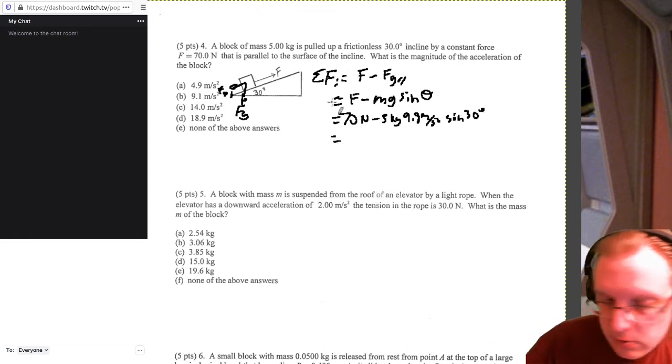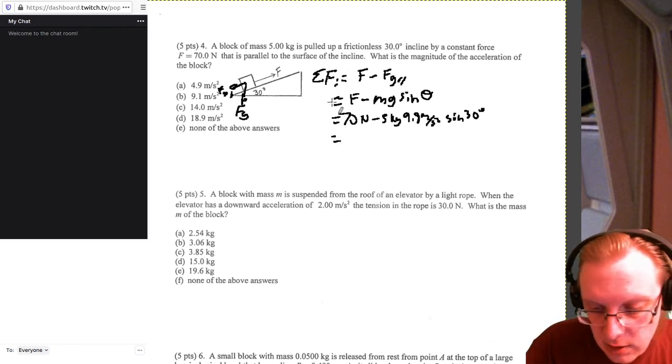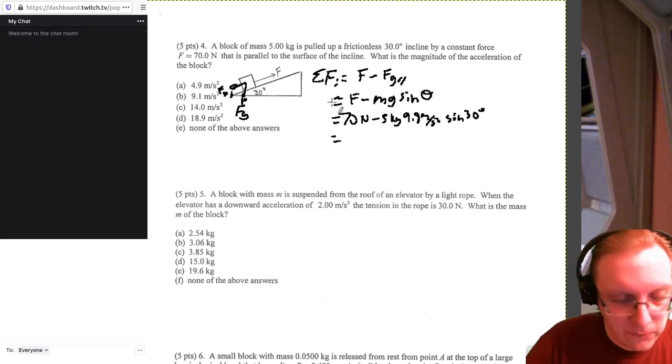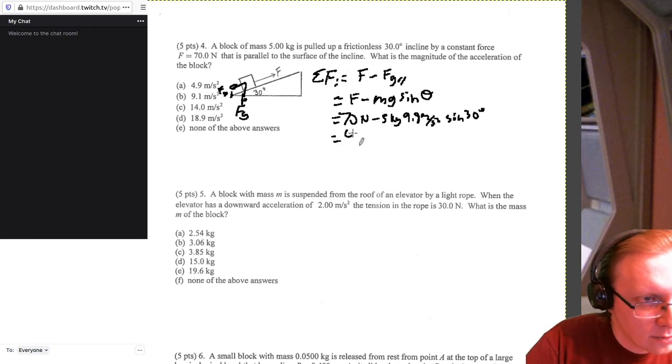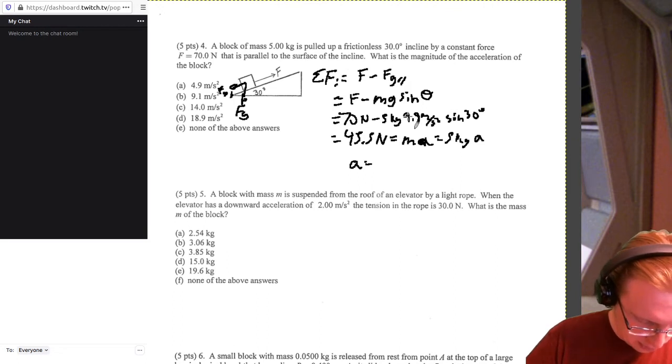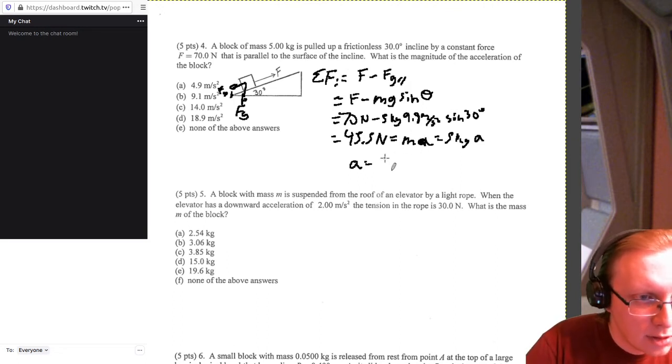And that answer is 70 minus 5 times 9.8 times sine of 30, which is 45 and a half newtons, equal to ma. Then we divide by the m, 5 kilograms. Therefore, my acceleration is about 9.1 meters per second squared.